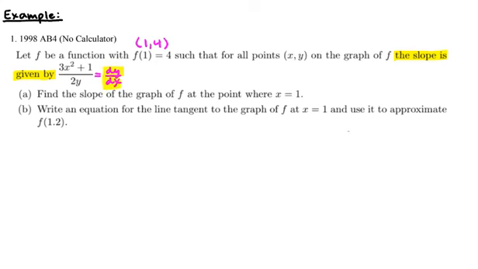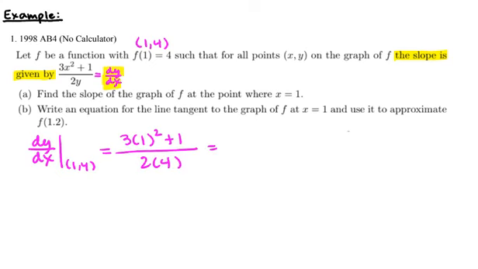That's what dy dx means. This is the slope. So find the slope of the graph of f at the point where x equals 1. That'll be where x equals 1 and y equals 4. So dy dx at the point (1, 4) is going to be 3 times 1 squared plus 1 over 2 times 4, which is 4/8, or a half.